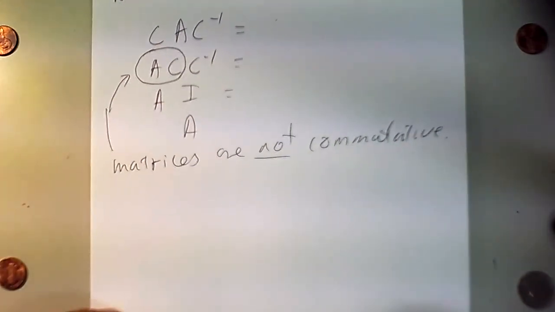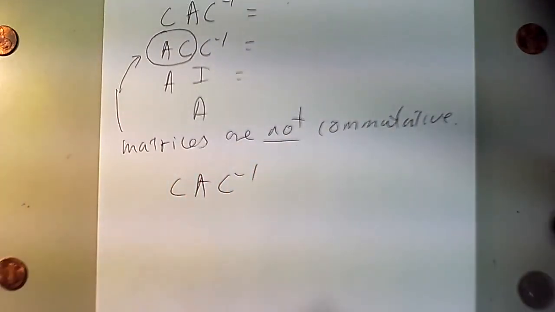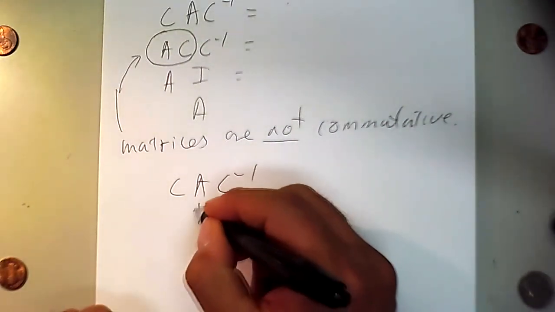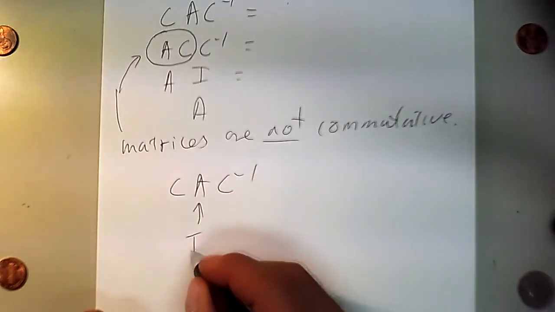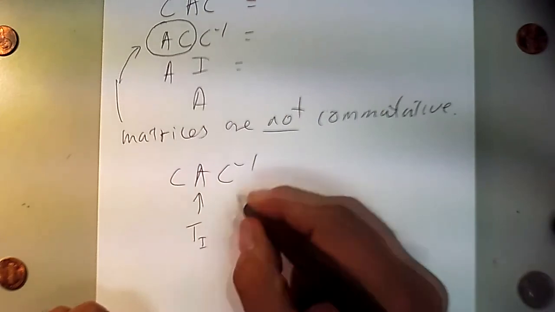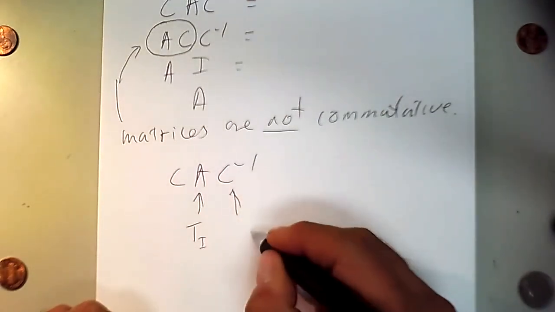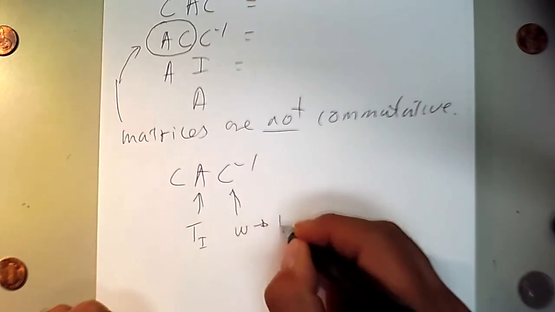So the matrix C A C inverse is the one that will take us from one. So what does that do? A is T using regular coordinates. It's a matrix using regular coordinates. C inverse takes weird coordinates into regular coordinates.